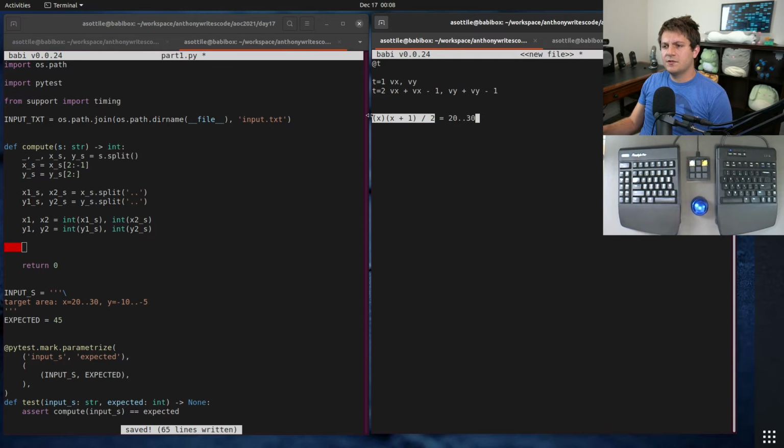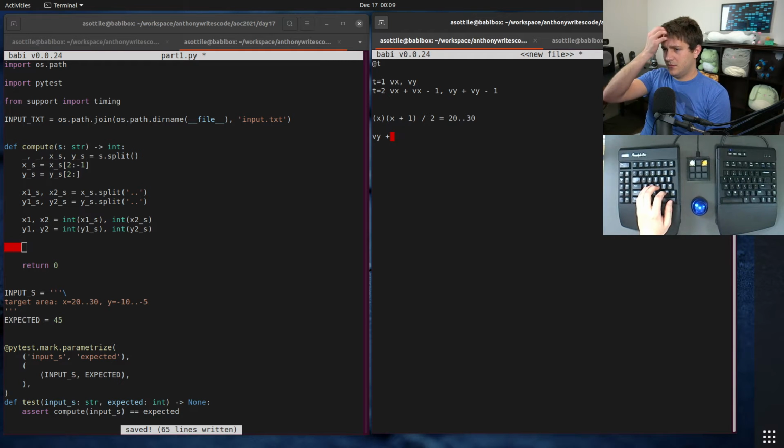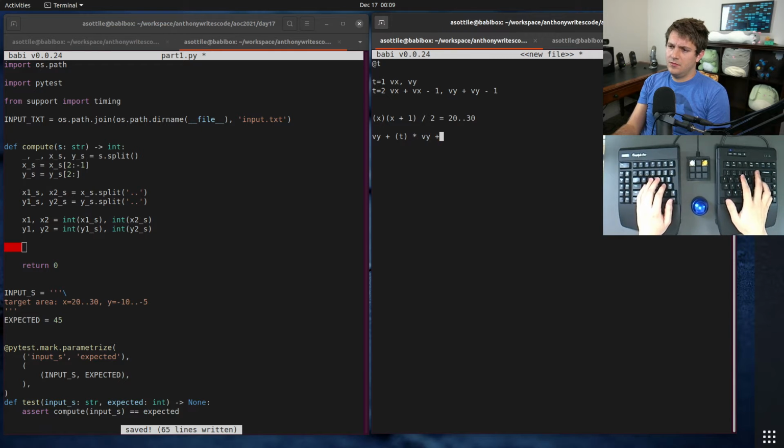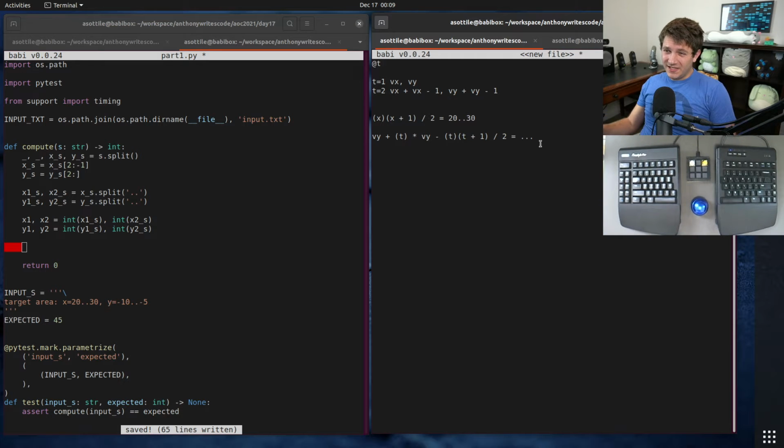Oh, and this value is also going to be equal to t? T of 20. So we have the sum of Vy. Is that right?